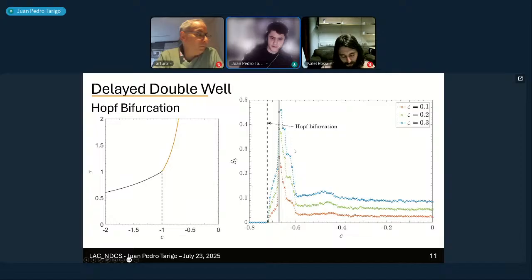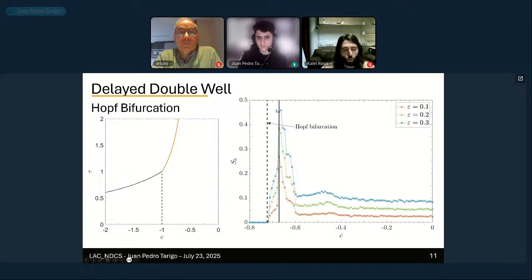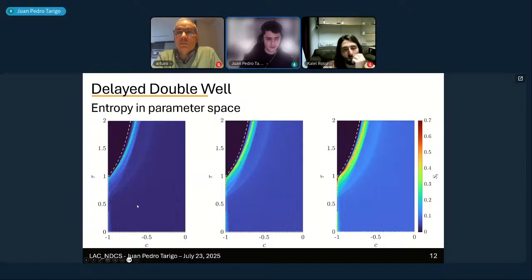But there's also a peak here that indicates that there must be another bifurcation or something is happening in phase space before the Hopf bifurcation, right? So here we can see basin entropy in terms of both parameters, and as we can see, basin entropy peaks for the three sizes of the boxes.